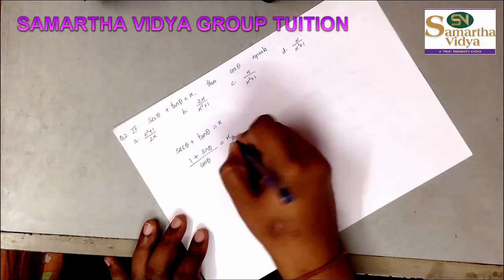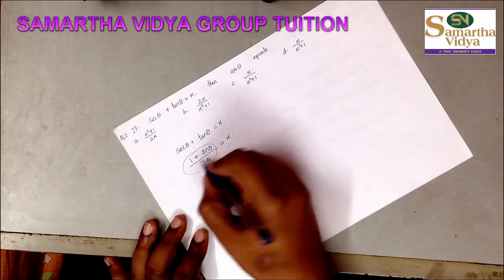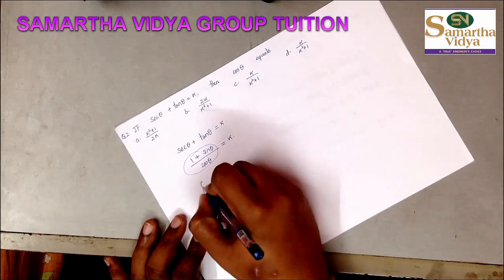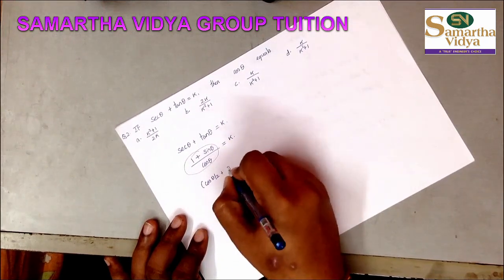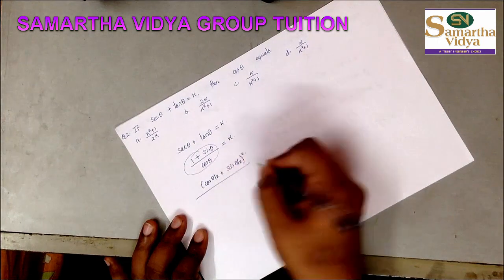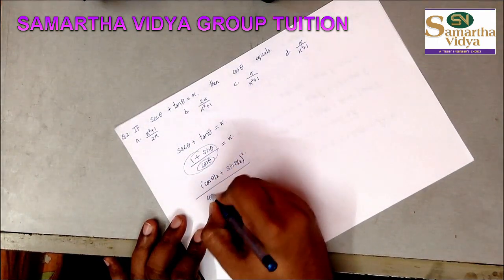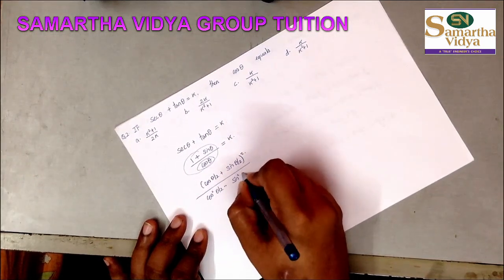is equal to k. Now converting this to your half angle formula, because 1 plus sin theta is nothing but cos theta by 2 plus sin theta by 2 the whole square, divided by, and writing the cos theta as cos square theta by 2 minus sin square theta by 2.